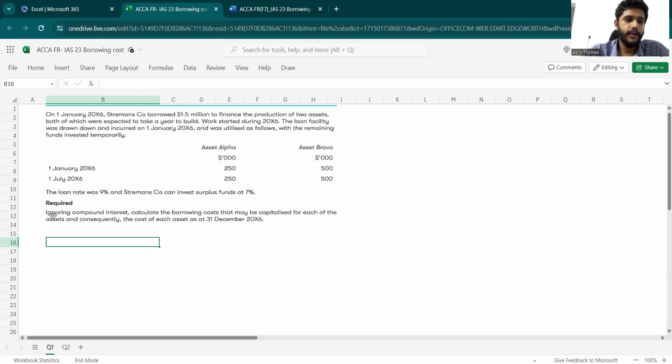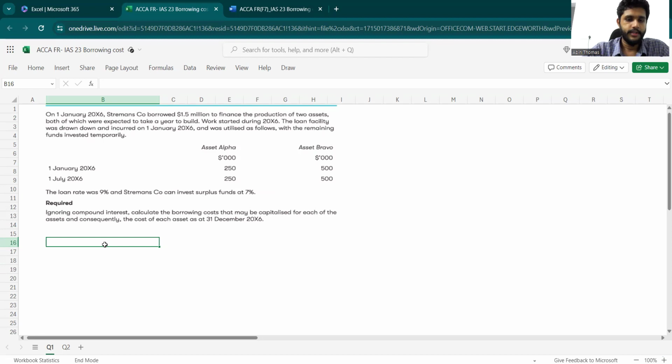The requirement is, ignoring the compound interest, calculate the borrowing cost that may be capitalized for each of the assets and consequently the cost of each asset as at 31st December 2026. So they took the loan in the same year and we need to calculate the interest cost that can be capitalized and also the asset value at the year end.